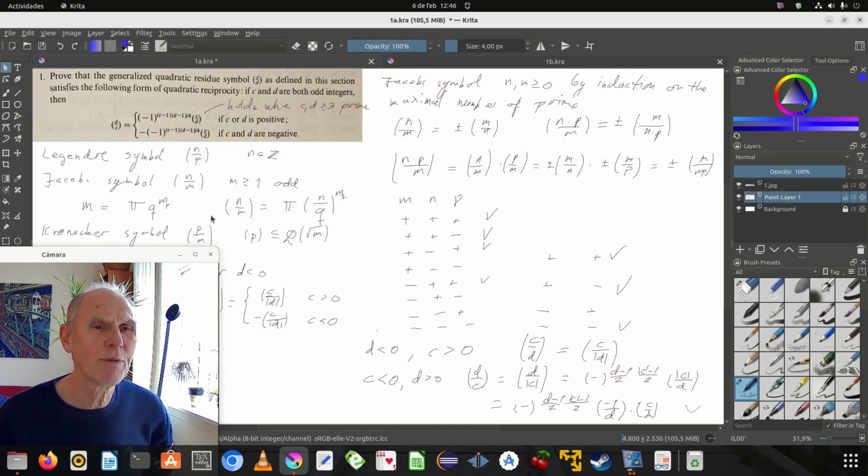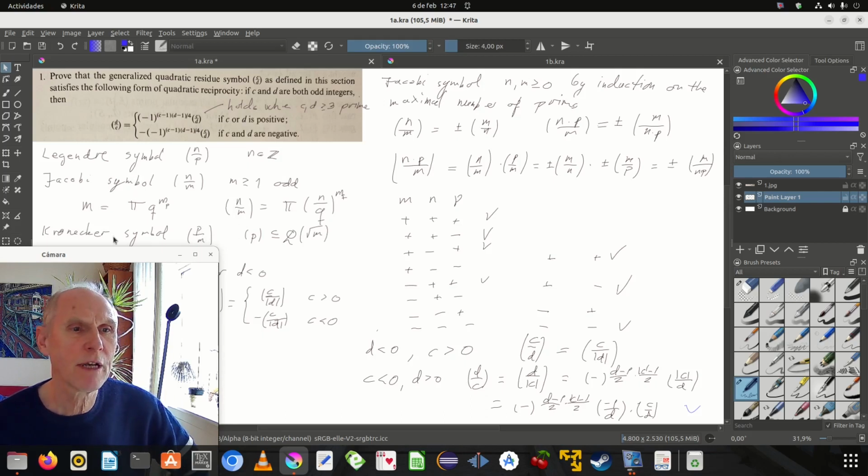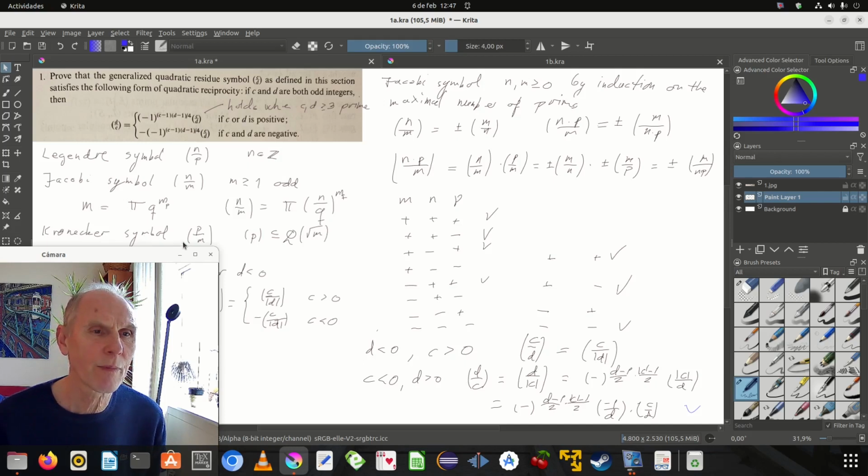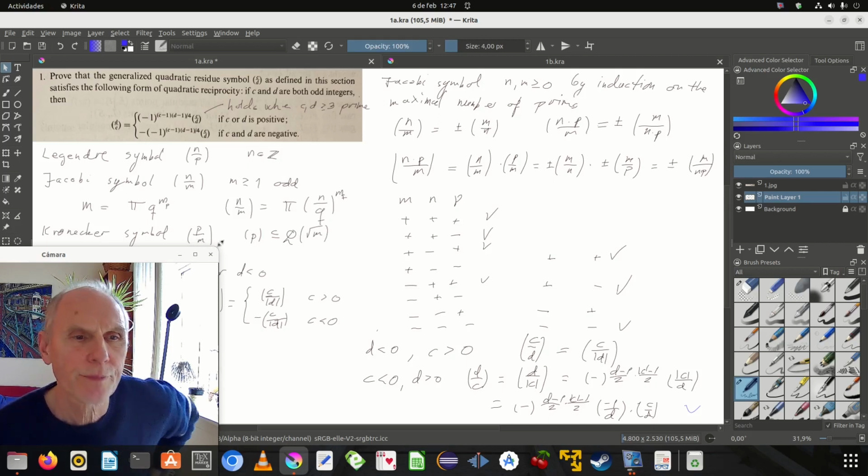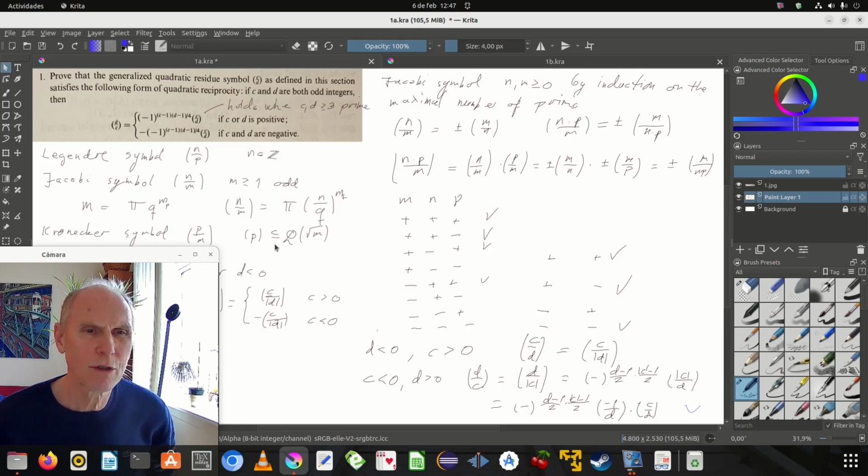If we take one of them negative, but we're already into the Kronecker symbol, of course. The Kronecker symbol, the one defined in the book, is in between the Jacobi and the Kronecker. This is defined also for m being even and naught. I don't know why naught is included, by the way.